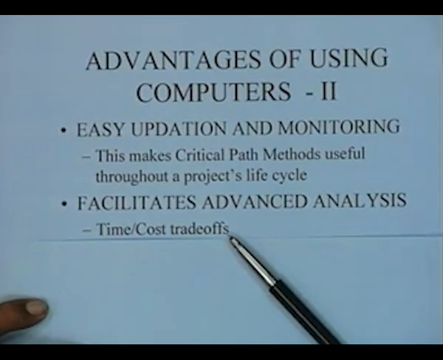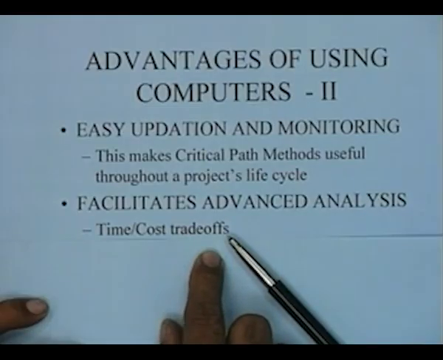Now if time cost trade-off was to be done manually on a large network of 500 activities, and you were asked to use maybe Fulkerson's algorithm or that heuristic algorithm, obviously it would become a very tedious affair, and especially with the heuristic algorithm there is all the likelihood that you would not be able to pick up the right activities for crashing, and you would not be making the right kinds of decisions for crashing. So with computers available and these algorithms which are there, this kind of thing has now become practical and feasible.